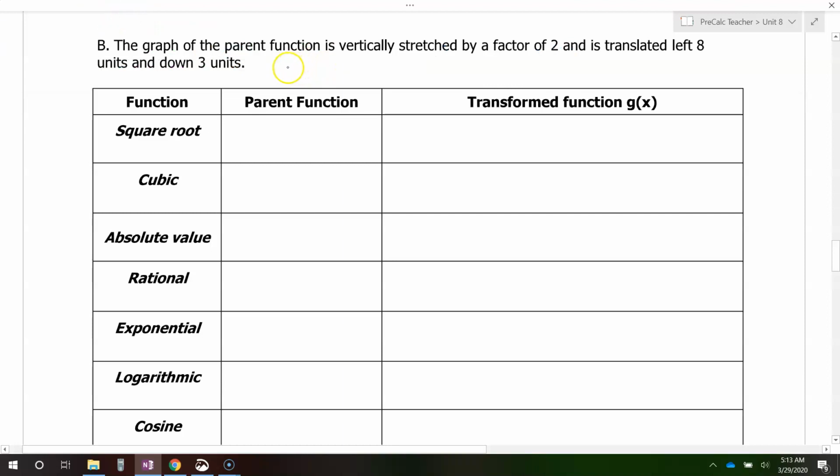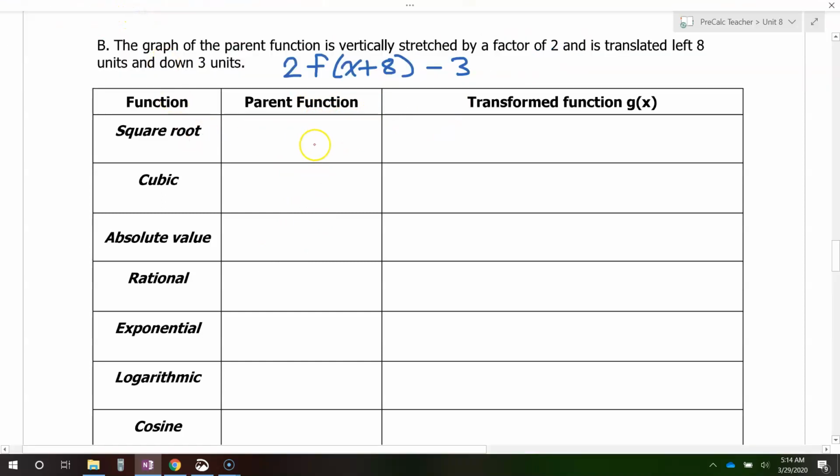So vertically stretched by a factor of 2 means we're going to have a 2 in the front of the function. Left 8 will have to be x plus 8, which will take you left 8. And then down 3 will be a minus 3 on the end. So this is what we're going to be doing to all of the functions.